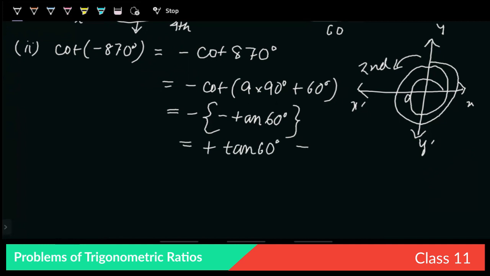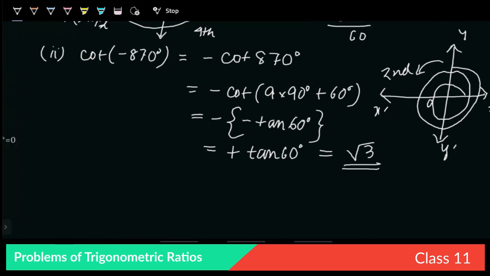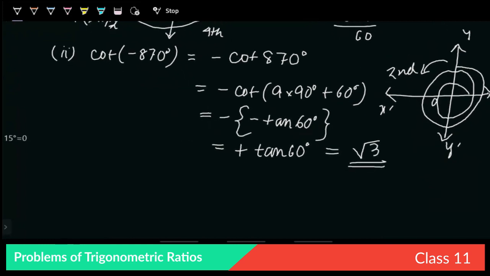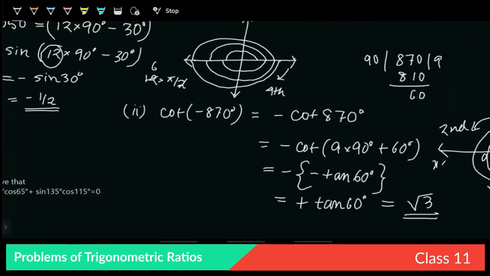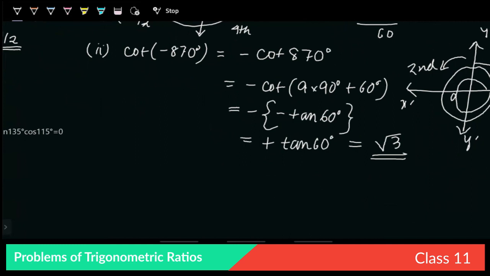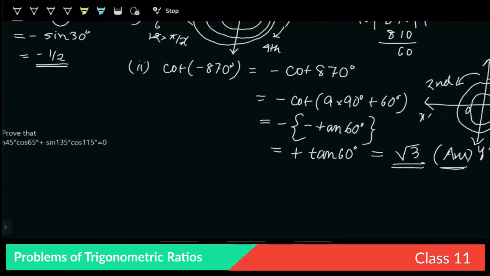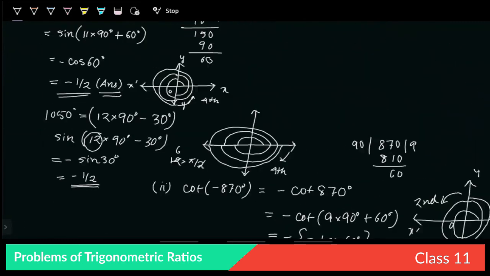What is the value of tan 60 degree? It is root 3. Okay, this is one method. Another method is there, so I am not doing that, you will do. As in the previous one, it will also be like that. If you do the other method, you will also get root 3 as the answer. So this was our first sum.